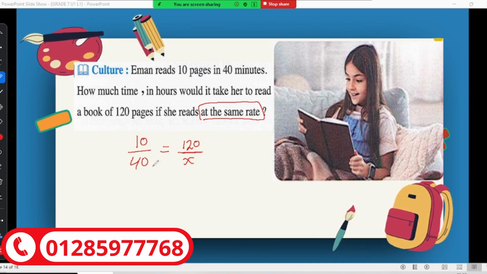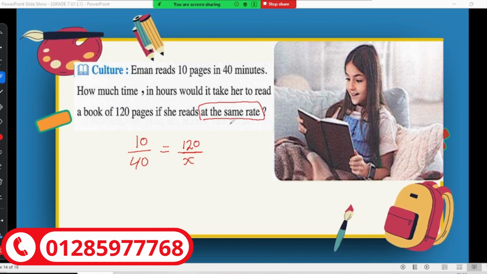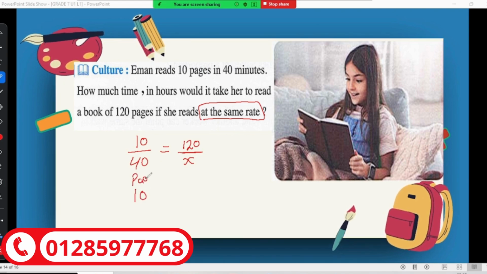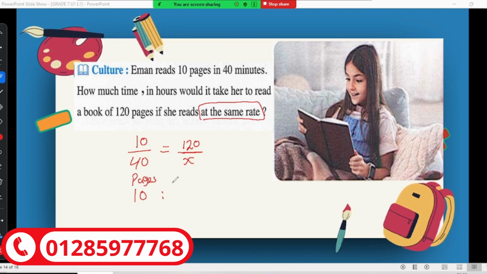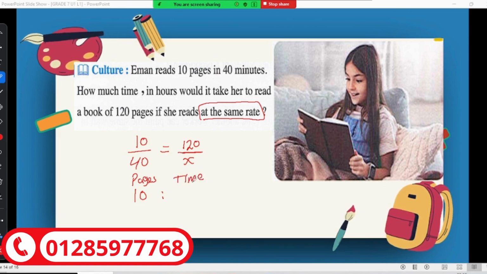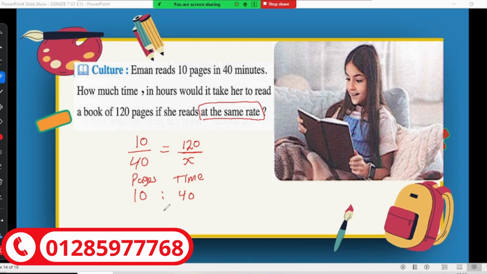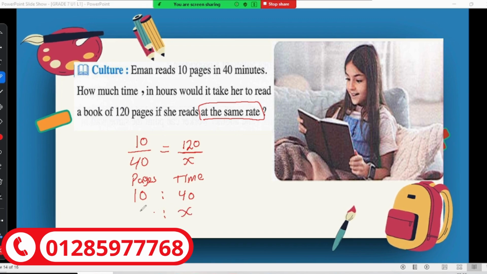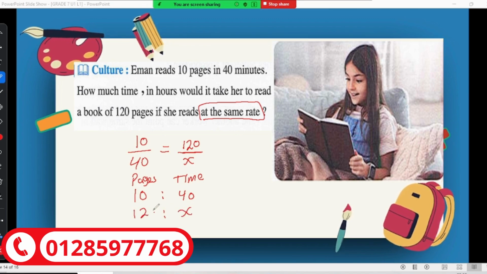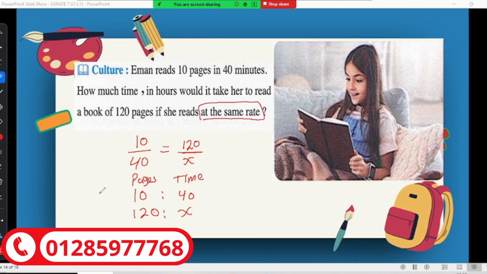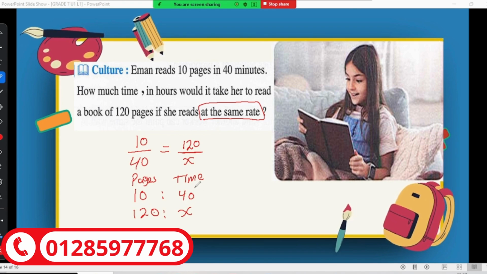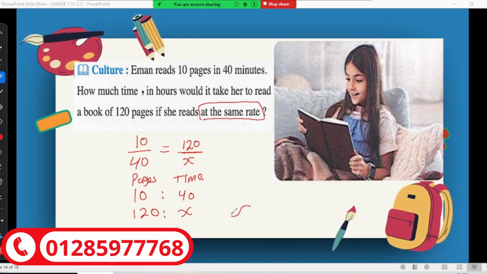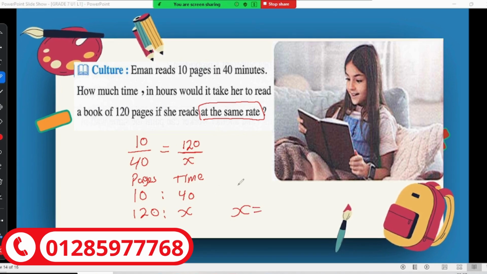We can write these ratios in another way: 10 pages to 40 minutes, and how many hours to read 120 pages. So here we can make cross multiplication to get the missing value, the number of hours.